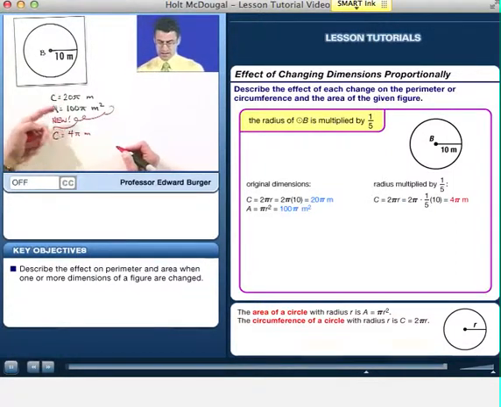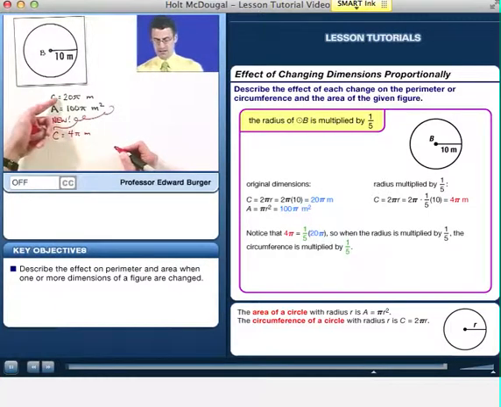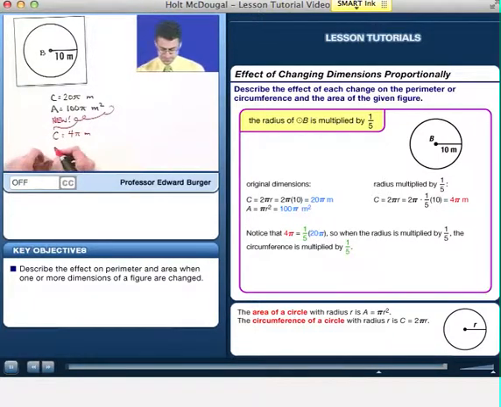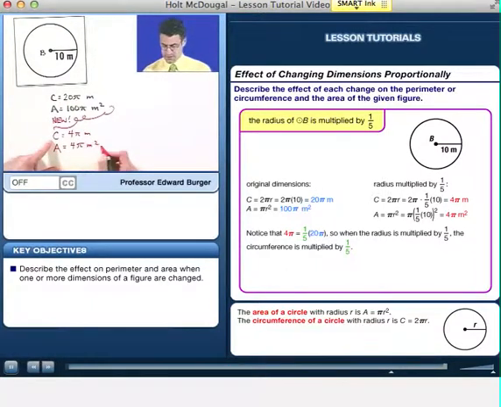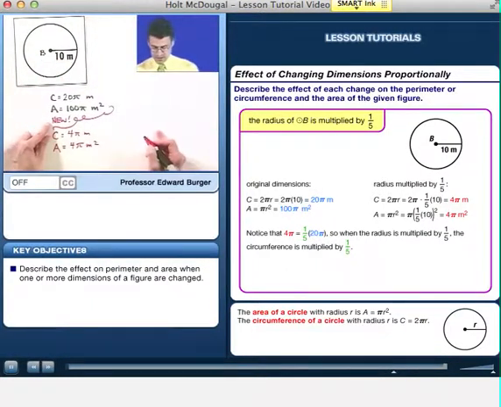And what's the impact? Notice that the circumference actually drops by a multiple of 1/5 as well. 20 pi times a fifth is 4 pi. Great. What about area? Well, it's going to be pi r squared, and so that's going to be 4 pi meters squared, because the radius is 2. 2 squared is 4.